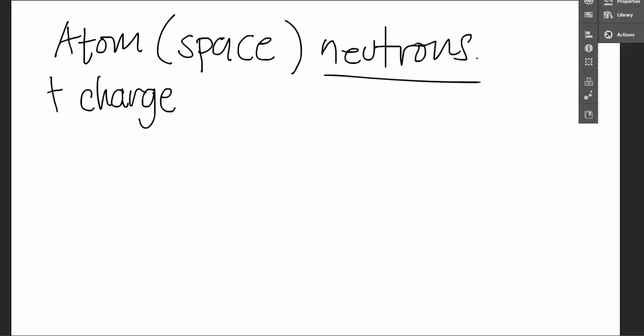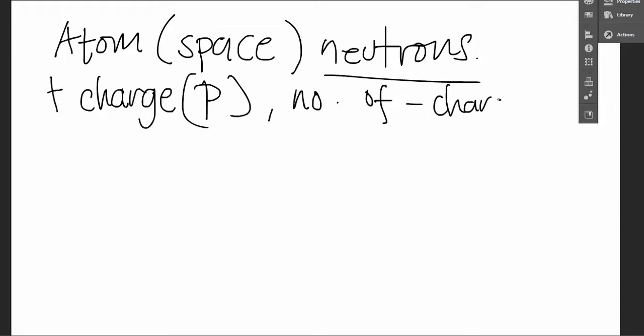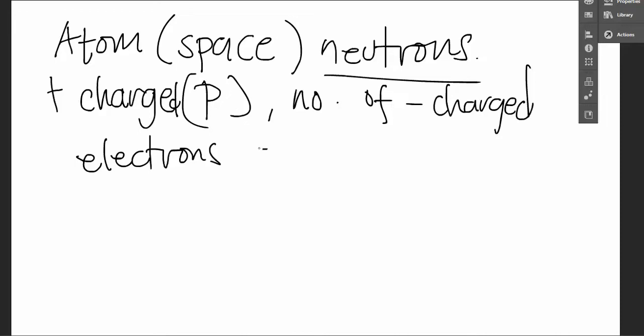So did you get the point? The number of positively charged protons and the number of negatively charged electrons are equal, so that as a whole, the atom is neutral.